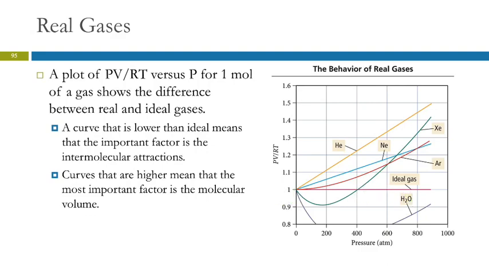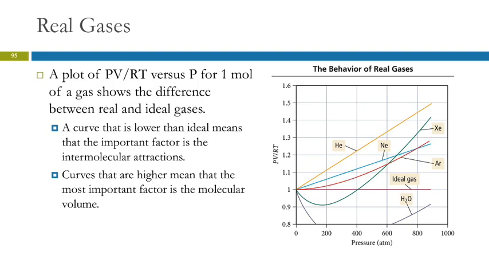It should be 1. That's what the ideal gas law tells us. And here is the behavior for some real gases. Helium, just nice straight line going up. Water dips way down here and then begins to come back up. What we see is the difference.